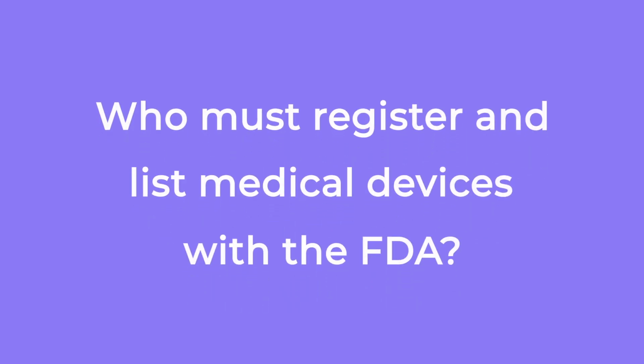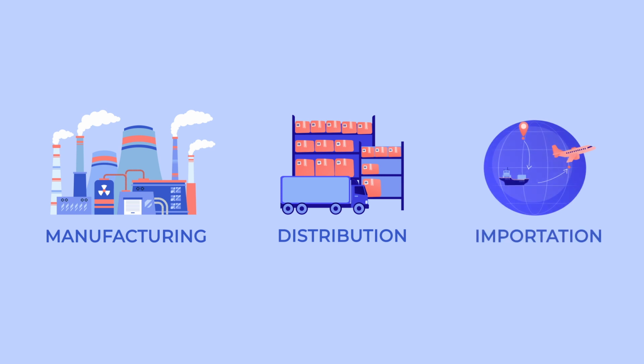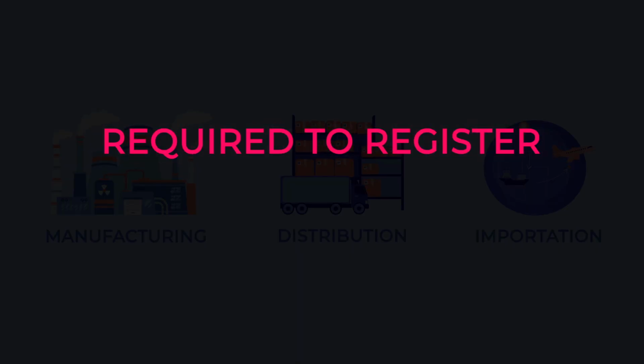Who must register and list medical devices with the FDA? Medical device establishments that are involved in the manufacturing, distribution, or importation of medical devices intended for commercial distribution in the United States are required to register with the FDA.